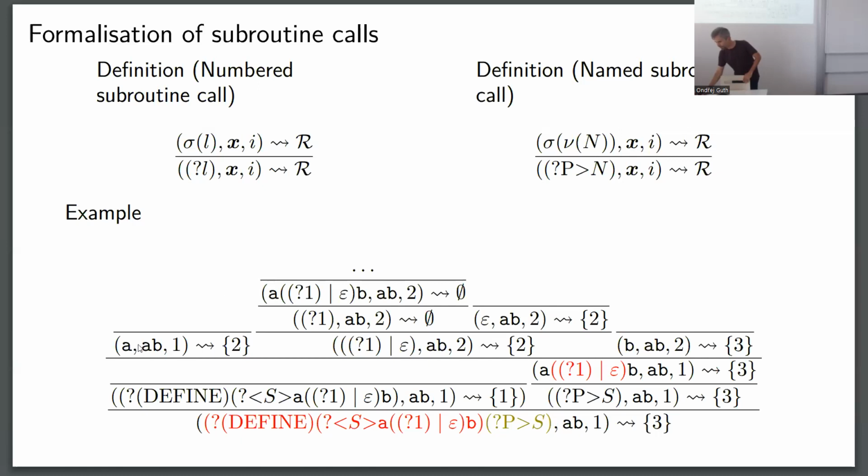We match A, we match whatever is inside the parentheses, and then we match B. Whatever is inside the parentheses is an alternative of this subroutine call for the first parenthesis and the empty string. The alternative just means we match the first one, we match the second one, and we basically make a union of the results. Because the result is just position 2, that's why we use position 2.